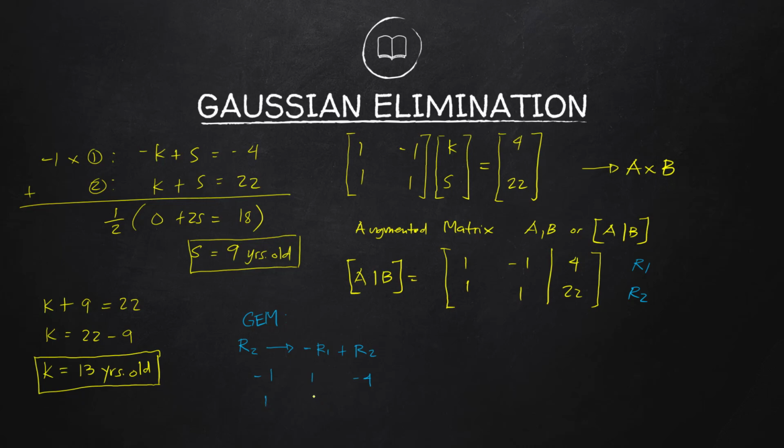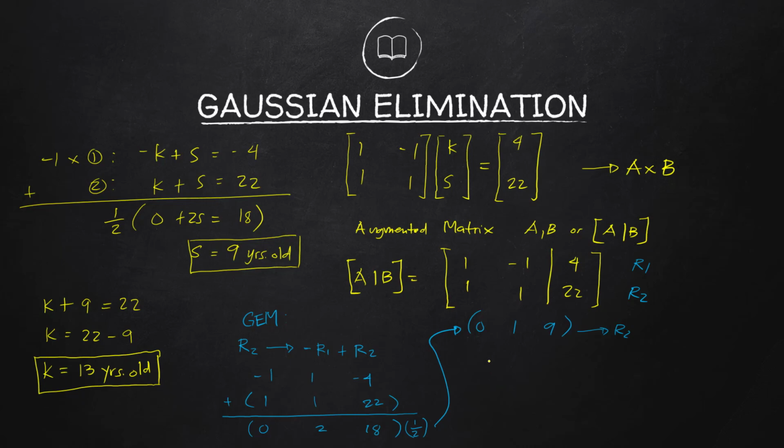We have here 1, 1, 22. At this, we will have the values 0, 2, and 18. If you multiply this by 1/2, you will arrive with 0, 1, and 9. This is the new row 2.